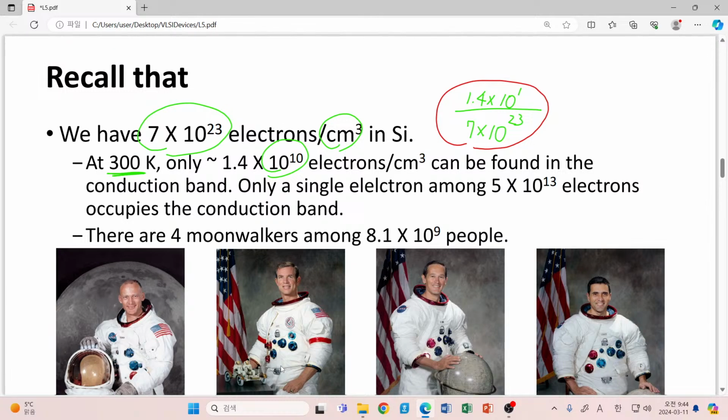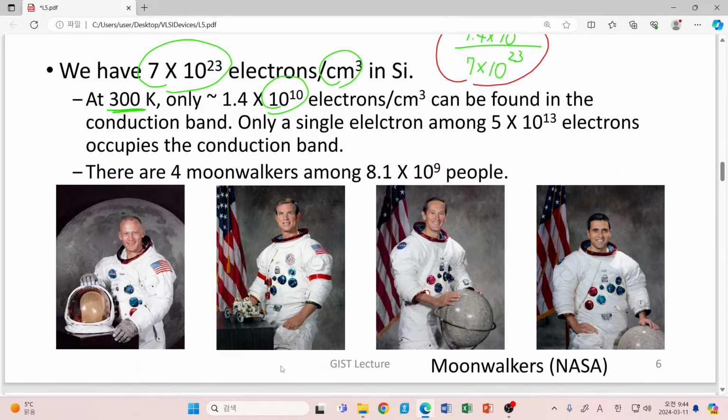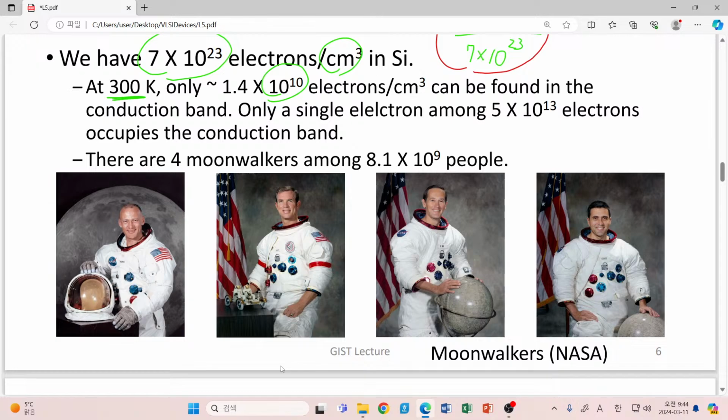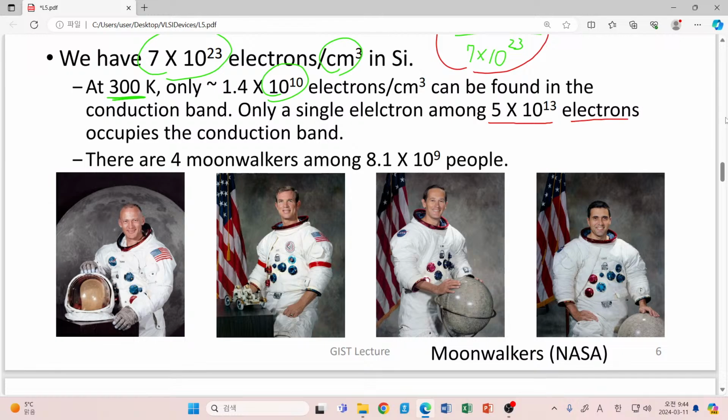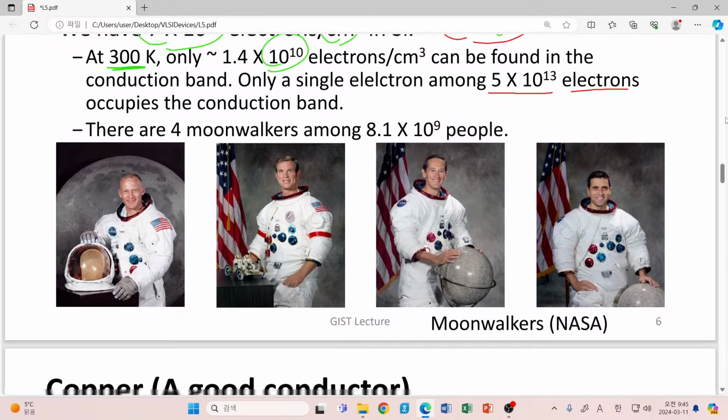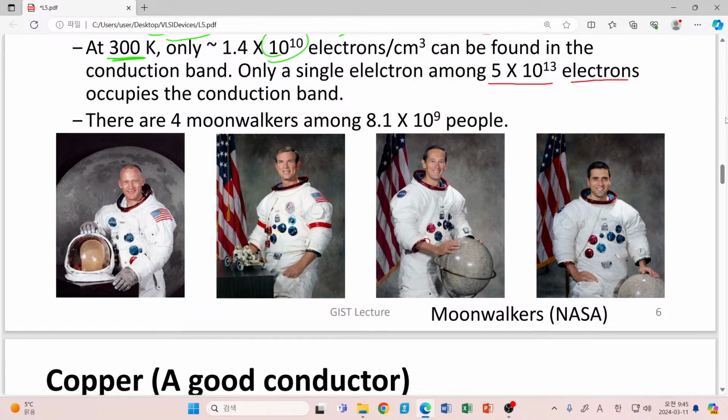Sometimes we just take it for granted, but let me give you an example. Here, only among 5 times 10 to the 13 electrons, only 1 electron can be found in the conduction band. That is quite a low probability. Now let's think about this. Currently there are 4 alive moonwalkers, and we have 8.1 times 10 to the 9 people on the earth.